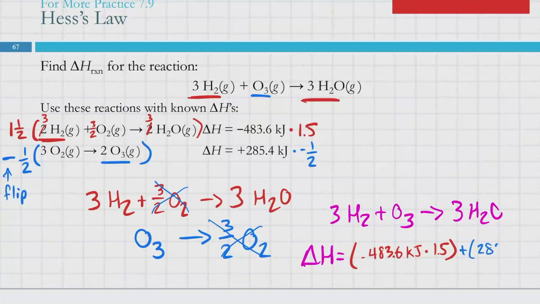So 285.4 kilojoules times negative 1/2. You could assess those before you add them together, but I am doing it all at once so it's less stuff to put in the calculator, or less writing overall for me. Any questions about the process?